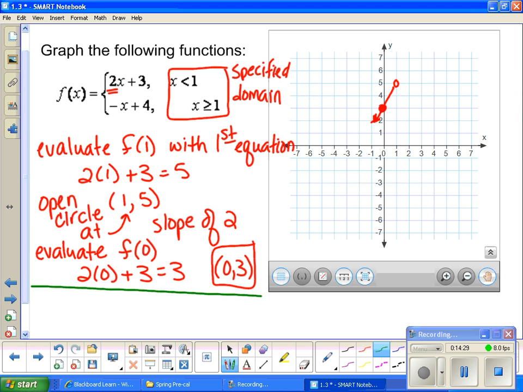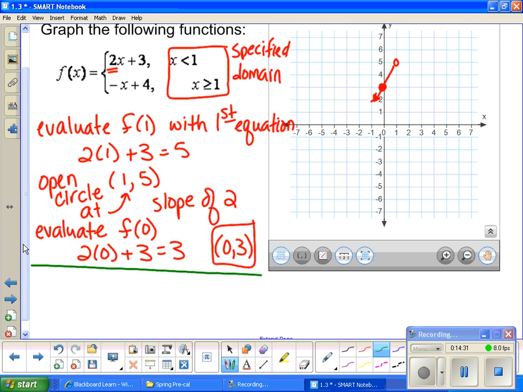I'm going to do the same thing with my second equation. I'm going to evaluate F of 1. So that's -1 times 1 plus 4, so that's going to be 3.